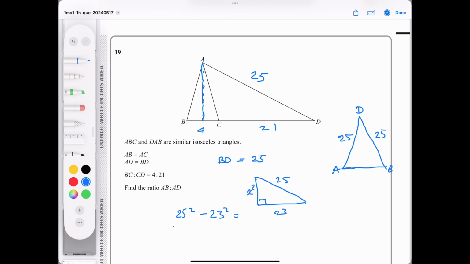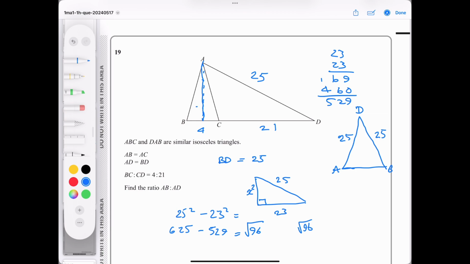And that's 625. I don't know what 23 squared is. 529. And that would be 96. So that's root 96.